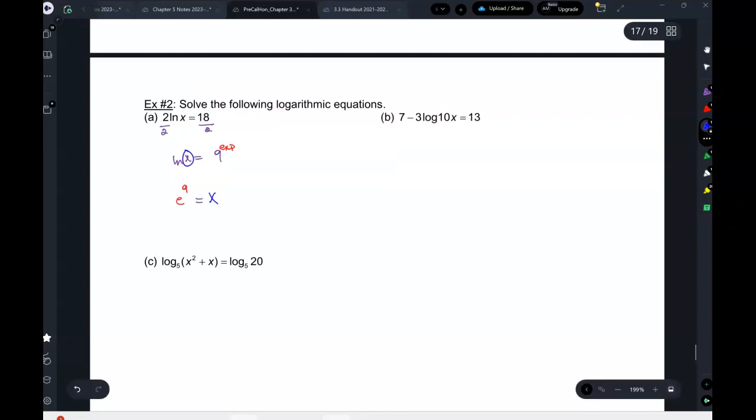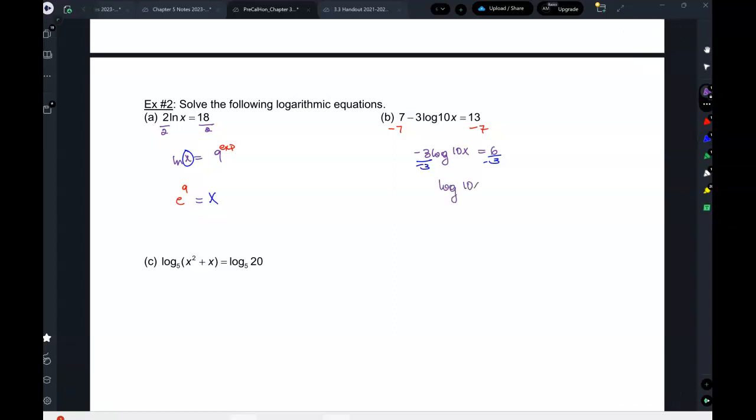All right. So here, we're going to subtract 7 from both sides. So we get negative 3 log 10x equal to 6. Divide by negative 3. So log 10x is equal to negative 2.